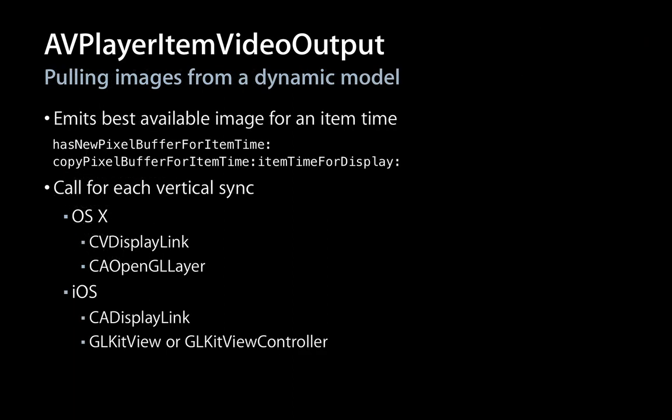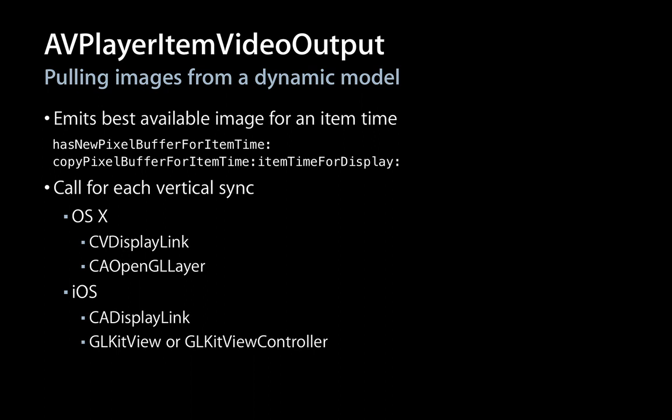And to use it, there are two questions that you can ask of it. Do you have a new pixel buffer that I haven't seen before, a new image? And if you do, can I copy that pixel buffer for a particular time in the item's timeline, and then optionally receive a CM time describing its exact display deadline?